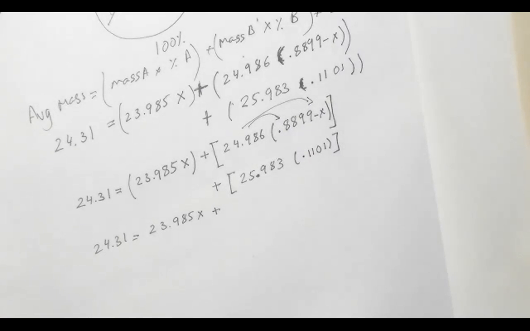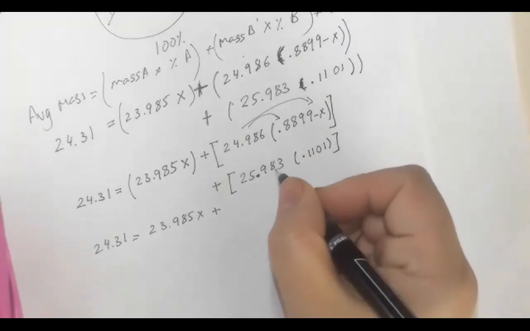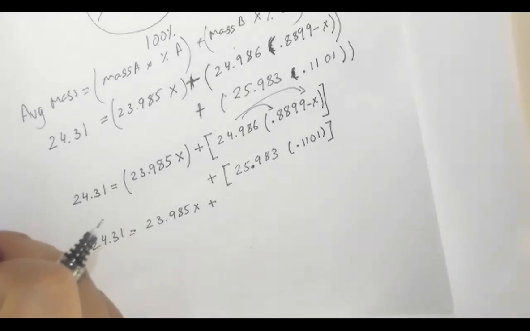So 24.986 times 0.8899. Oh wait, I have one extra 8. I just realized, 986.